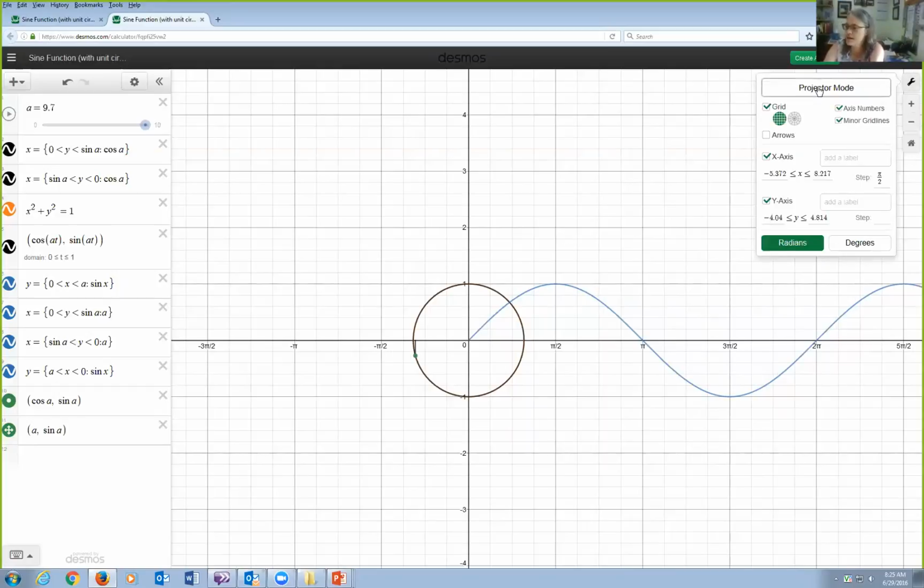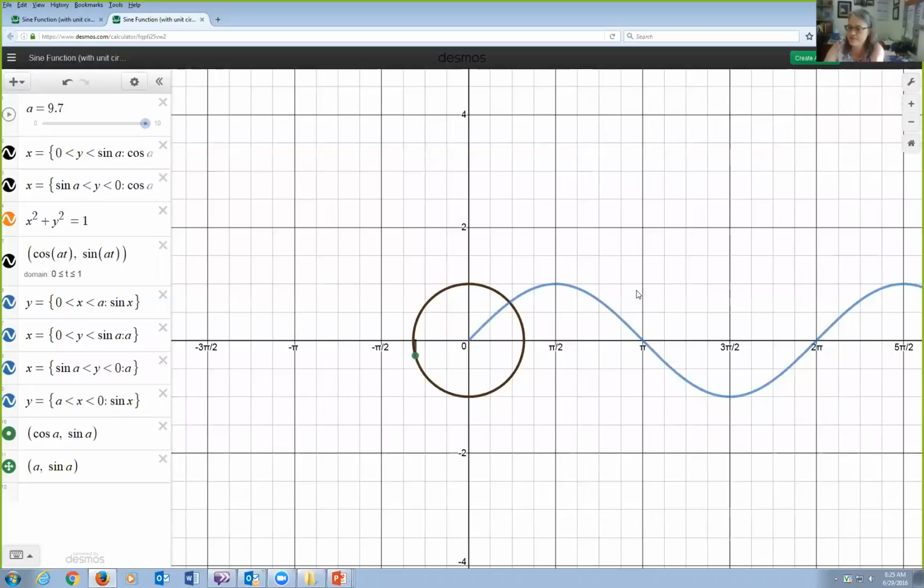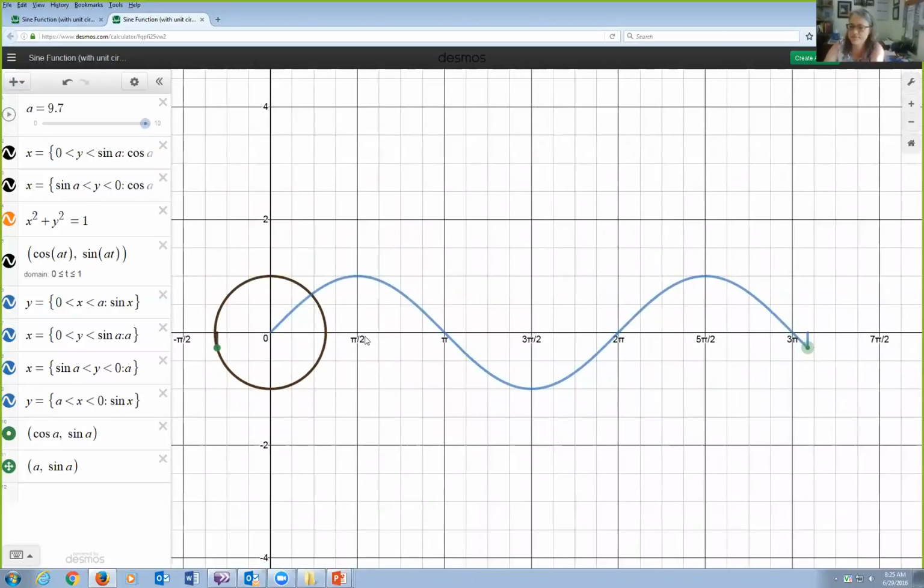So if we look at our sine function, some things to keep in mind. First of all, the sine function goes through the point 0, 0, and it would continue on in the opposite direction. So the sine function is symmetrical about the origin, meaning that it's an odd function.